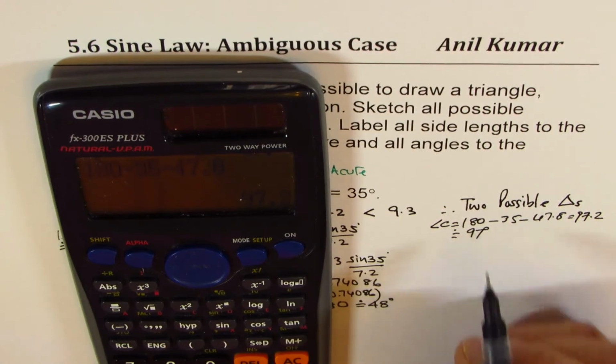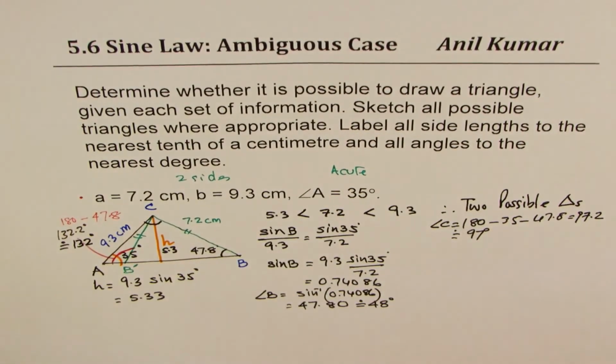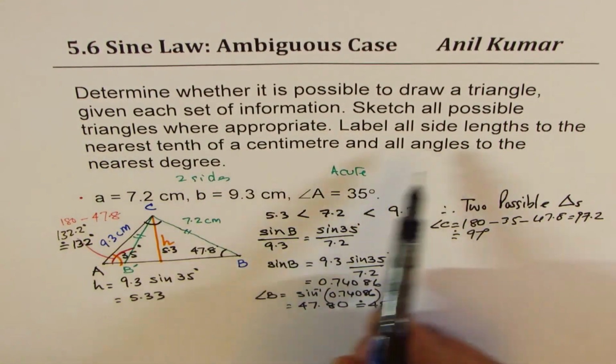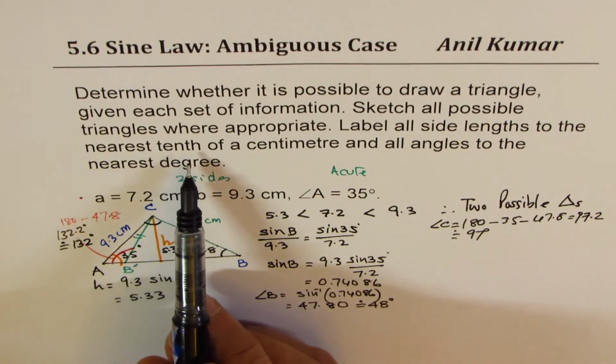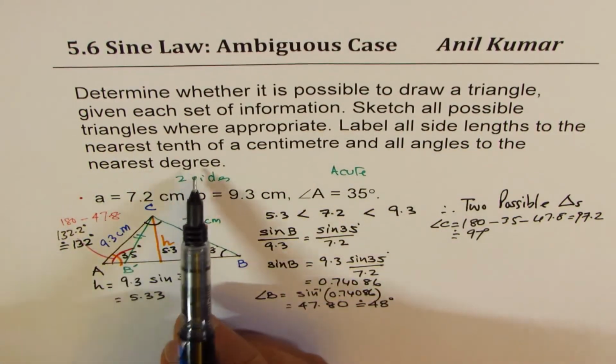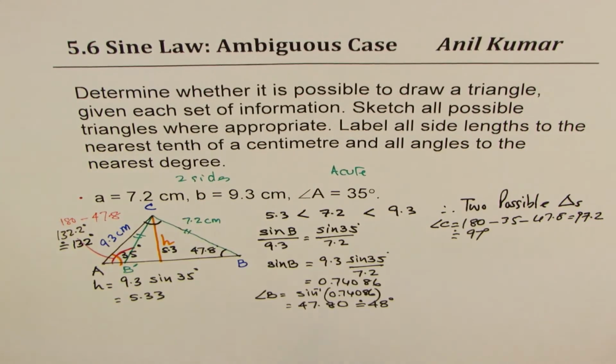Is it okay? 97 degrees, since the question says that we have to give side lengths to the nearest tenths of centimeters and all angles to the nearest degree. Perfect. Okay, so we got angle C.